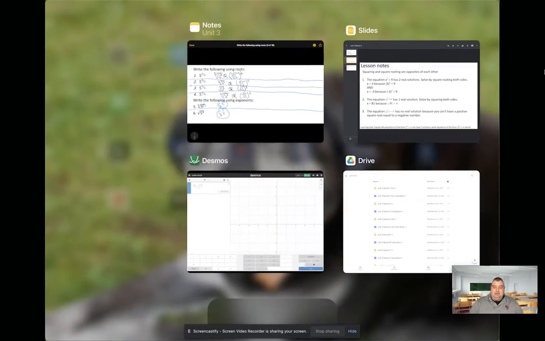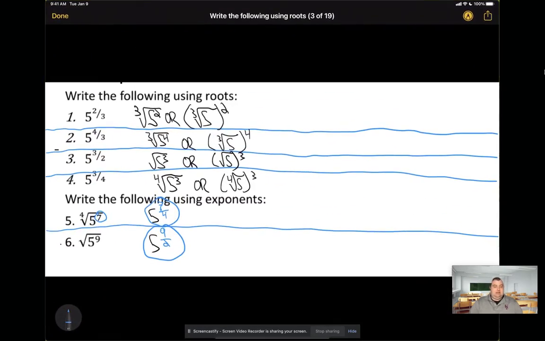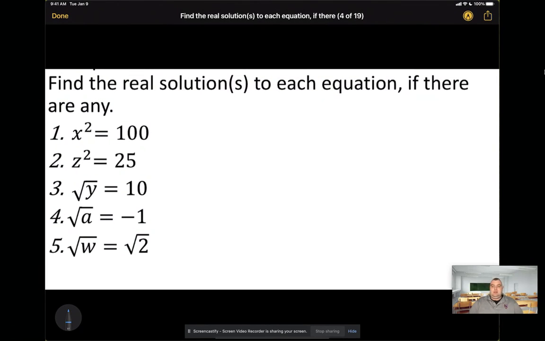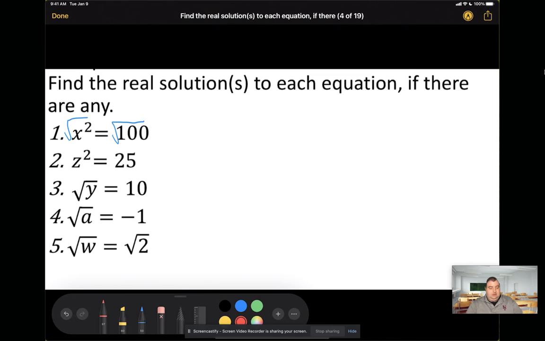So with that in mind, let's take a look at the examples here. Find the real solutions to each equation if there are any. In number 1, I have x squared equals 100. I can solve that by square rooting both sides, because I know that squaring and square rooting are opposites of each other.